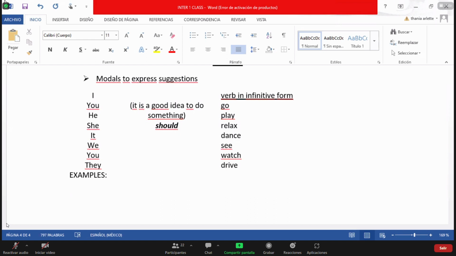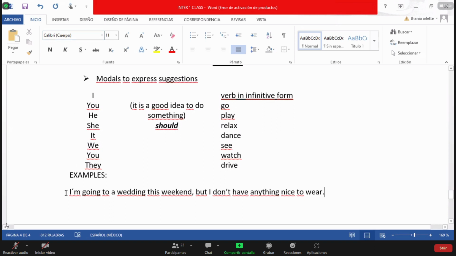For example, the first one: I'm going to a wedding this weekend, but I don't have anything nice to wear. This is a situation, and in this situation, I am not giving a suggestion. This is only the context.